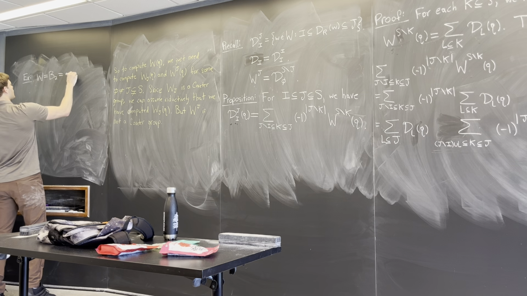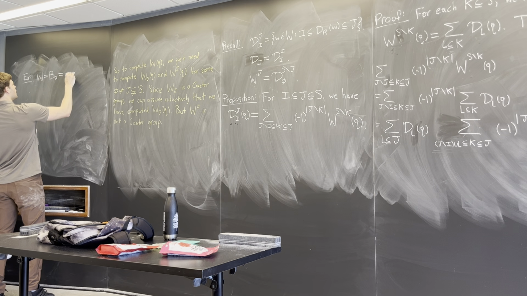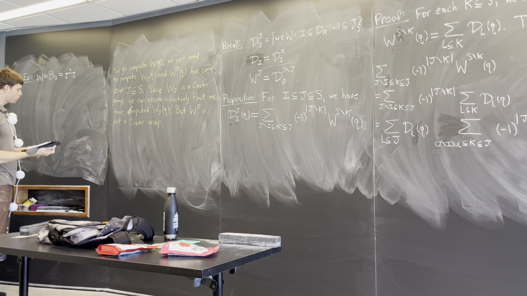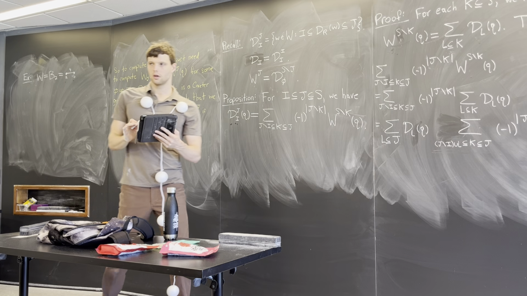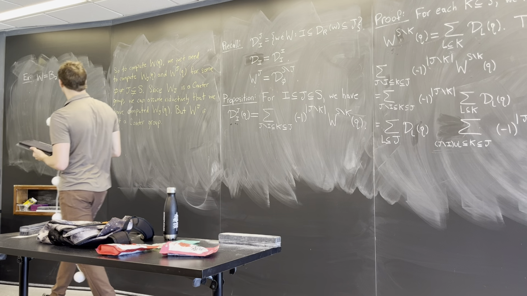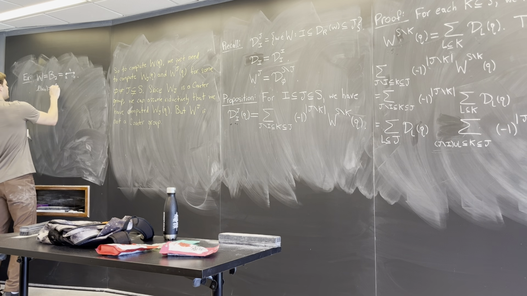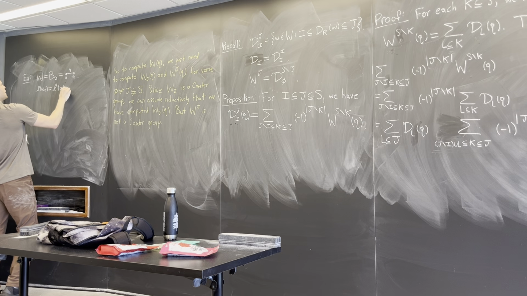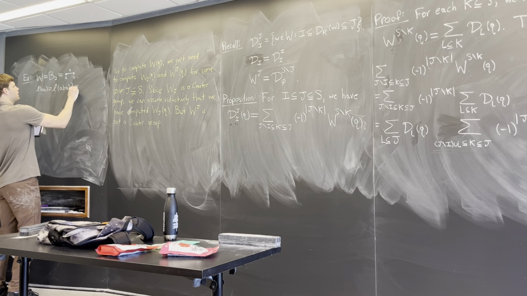So just remember that the Coxeter graph looks like this. I'm calling the simple reflections A and B here. So in this case, the length of the long element is, well, what is the long element? It's just A, B, A, B in this group, which is also B, A, B, A. So the length of this is 4.